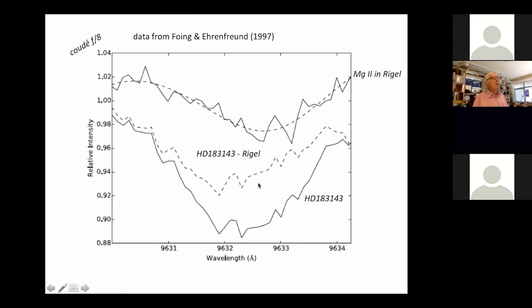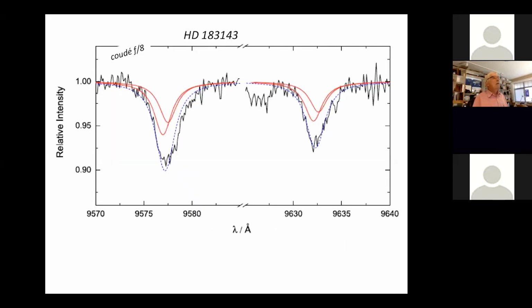And we took that profile and removed it from the so-called C60 plus profile. And this, if you like, goes all the way back now to the work of Foing and Ehrenfreund. And we have used both components here. And when we did that, we get excellent agreement. And this, of course, is the other magnesium-2 feature, which we talked about before.